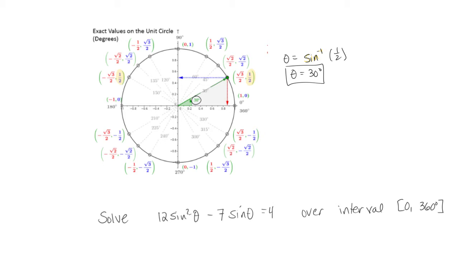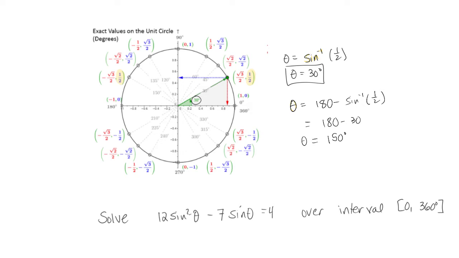So not only do we have the 30, but when we're taking arc sine, we always also get 180 minus whatever we're taking the arc sine of. In this case it's 180 minus 30, which gives us that other angle, which is 150.